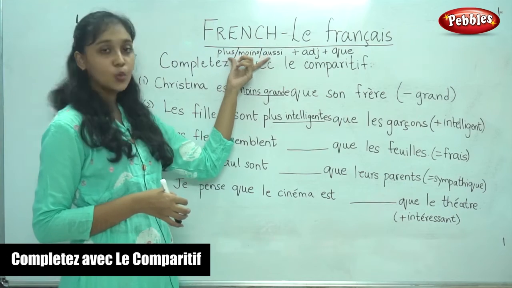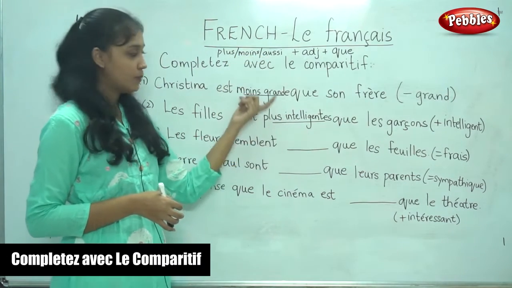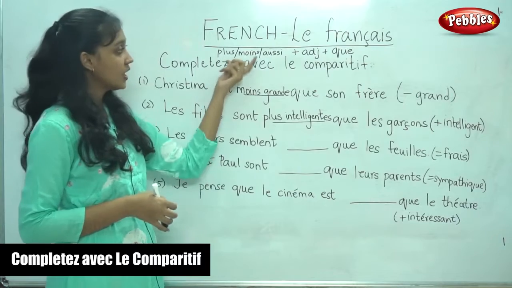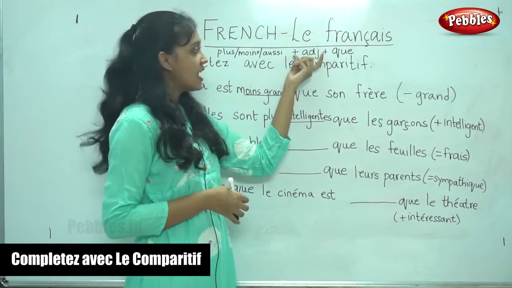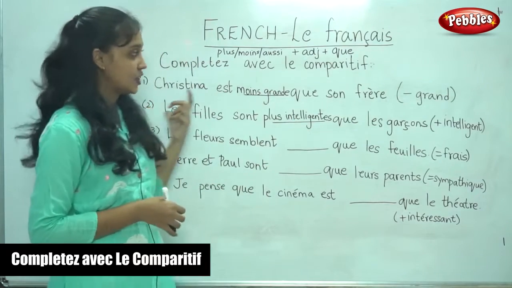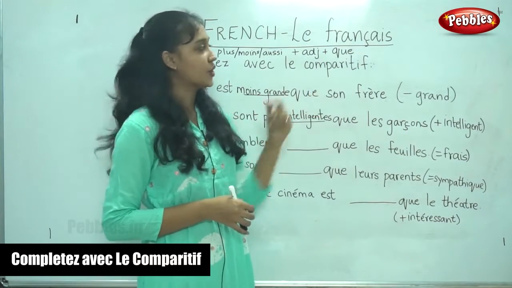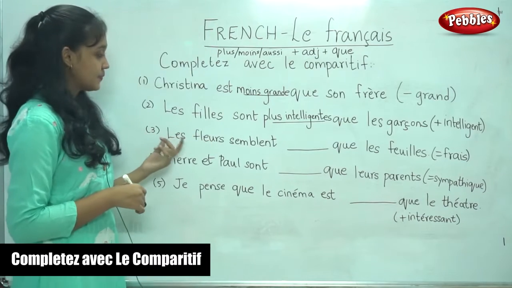You have to see which word you use depending on what type of comparison it is. Then you have to write the given adjective and you have to see that the adjective agrees with your subject, and then you have to write que. So shall we move on to the next sentence?